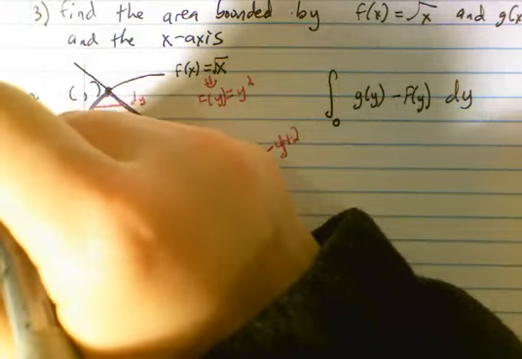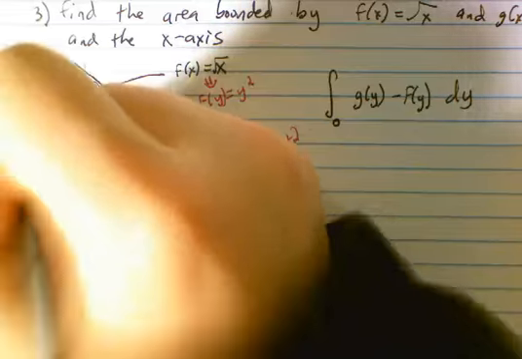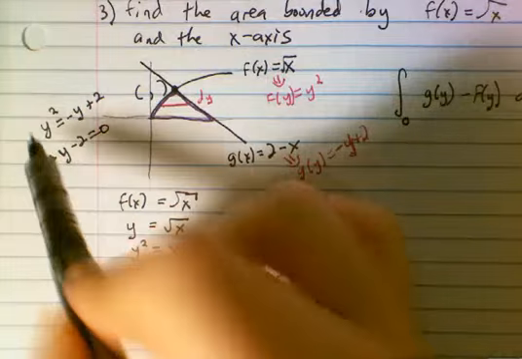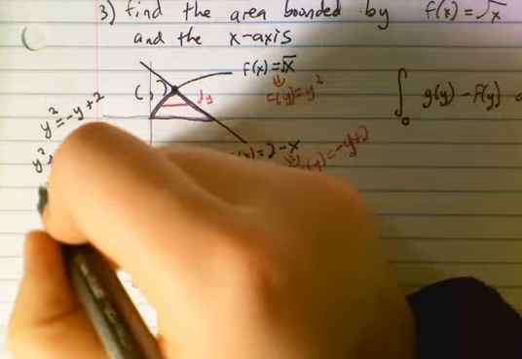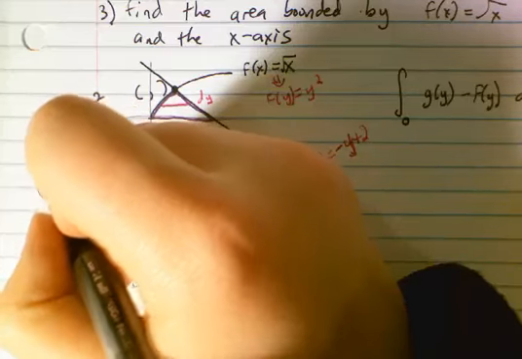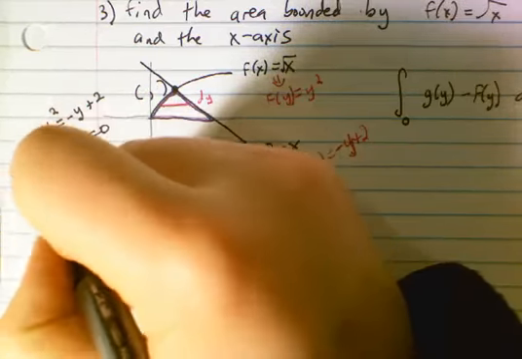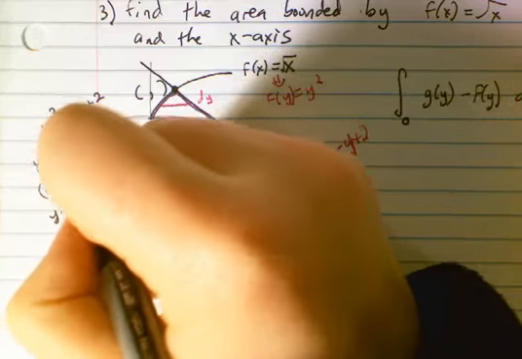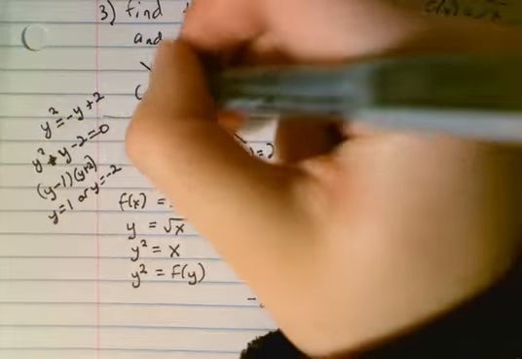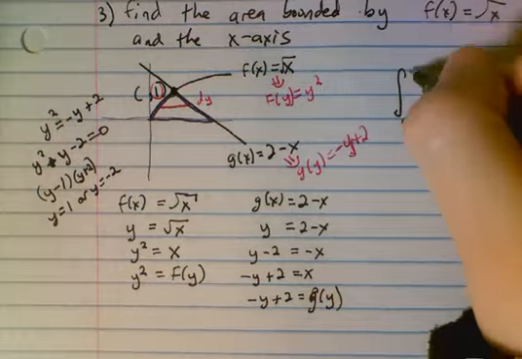Y squared plus y minus 2 equals 0. I'm just adding or subtracting to get them all on one side. This one we've just done. It's quite a popular one apparently. Y equals 1, or y equals negative 2. This is clearly a positive number, so this ending value must be 1. And there's our upper bound.